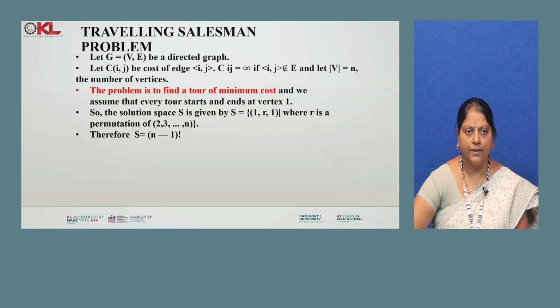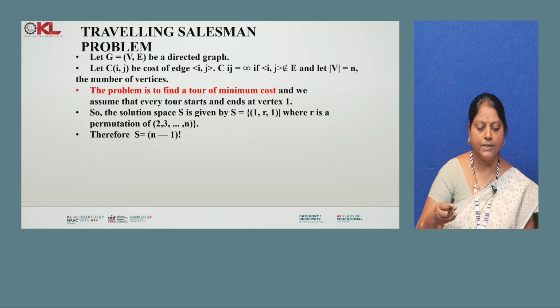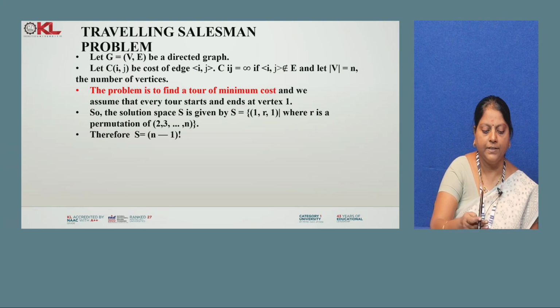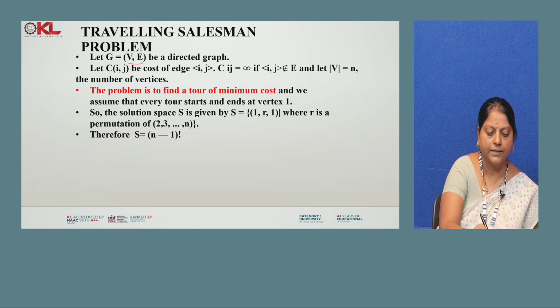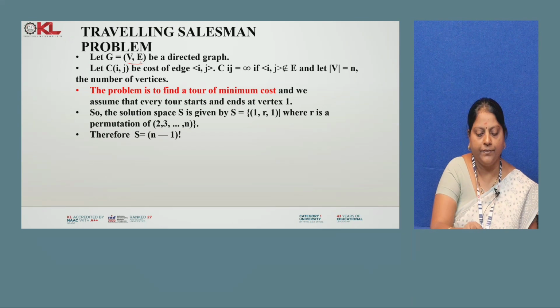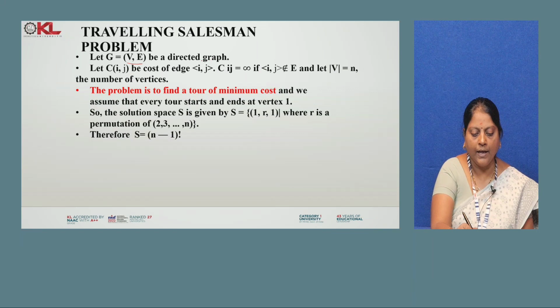What is a graph? A graph is nothing but a set of vertices and edges, where V is the vertices and E is the edges. Here the graph is a directed graph. What is a directed graph? A directed graph means the edges have direction.